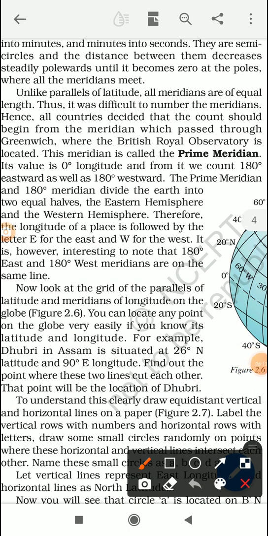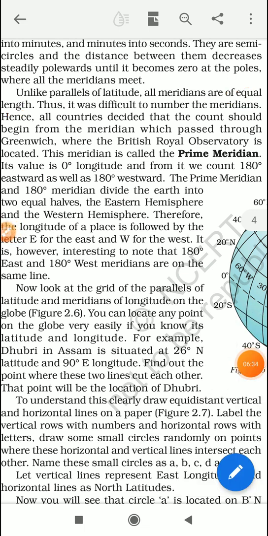Unlike the latitudes, the longitudes or the meridians are of equal length. So you have to remember that the longitudes are of equal length. Thus, it was difficult to number the meridians because all these longitudes or meridians were equal.